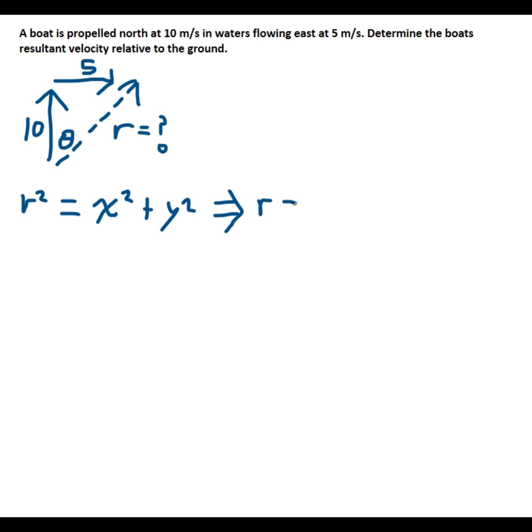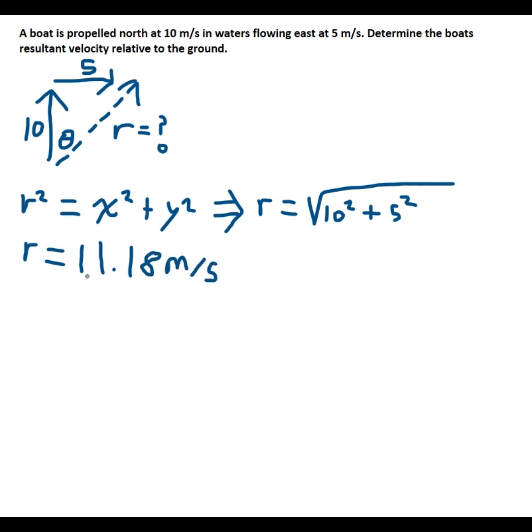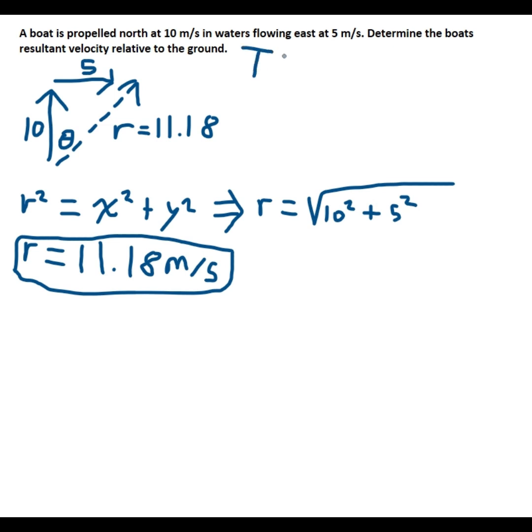So this means that the resultant is just equal to the square root of 10 squared plus 5 squared. And this leaves us with the value of the resultant of 11.18 meters a second. Now to find this angle theta, if you recall from trigonometry, we can use SOHCAHTOA.